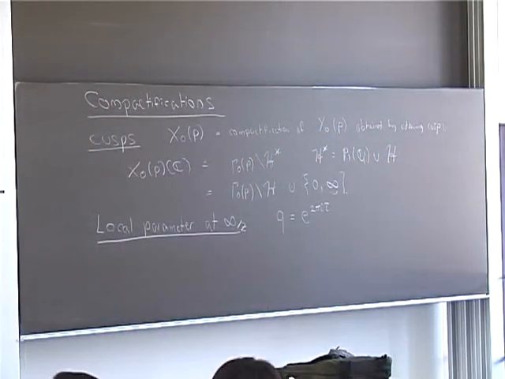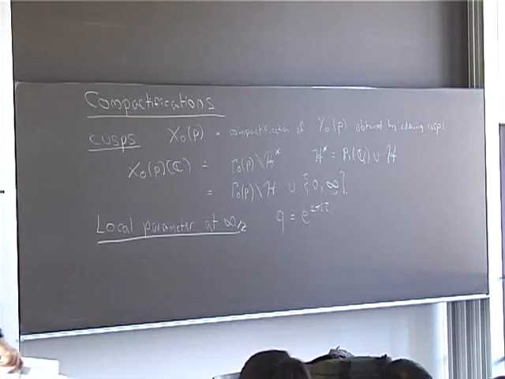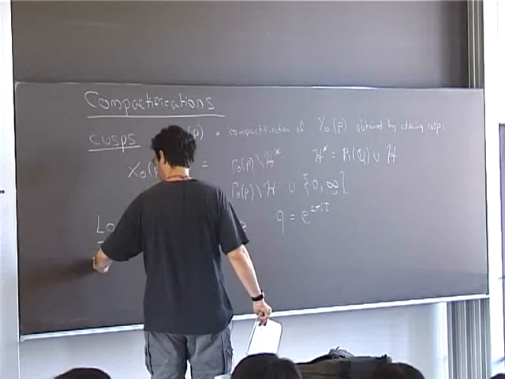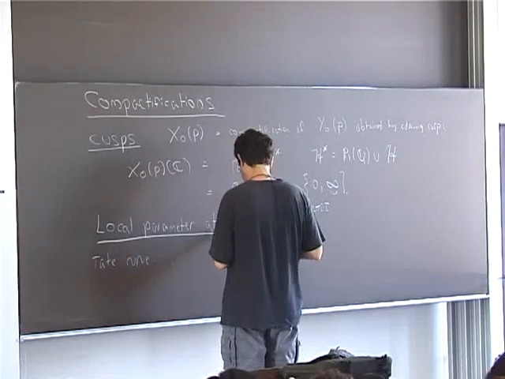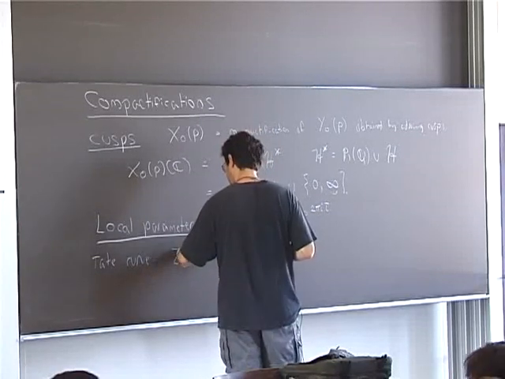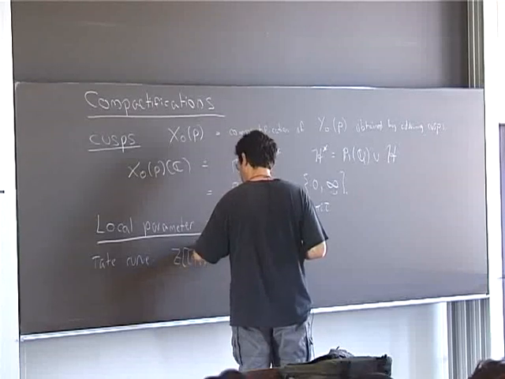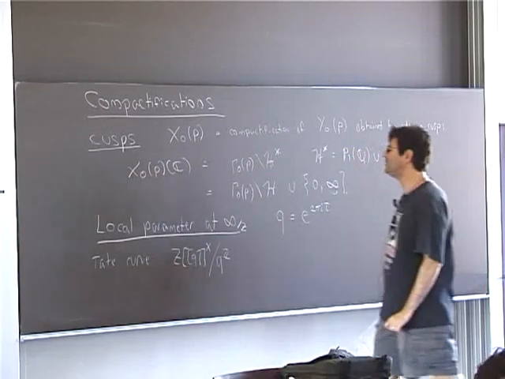But you can understand this algebraically by considering the following elliptic curve, which is called the Tate curve. So this is just the elliptic curve Z double bracket q star modulo the group generated by powers of q.